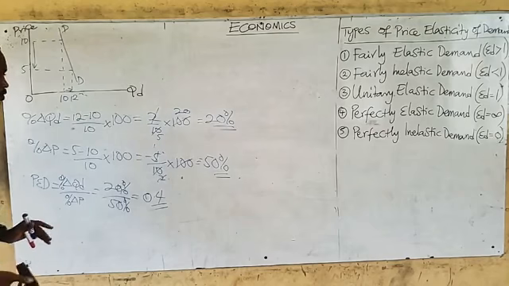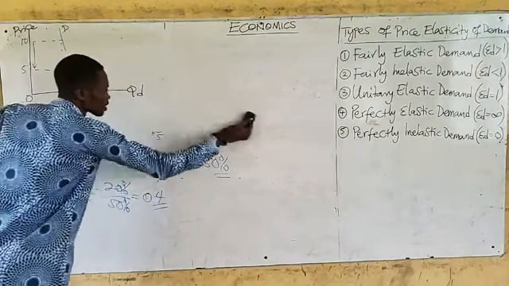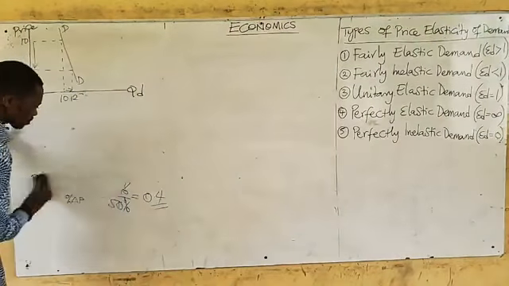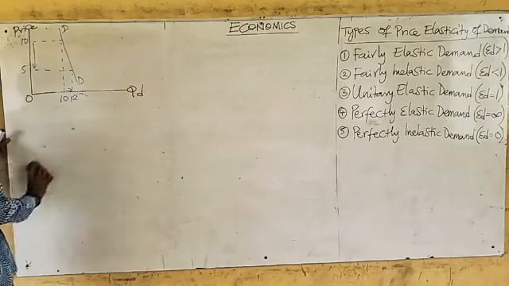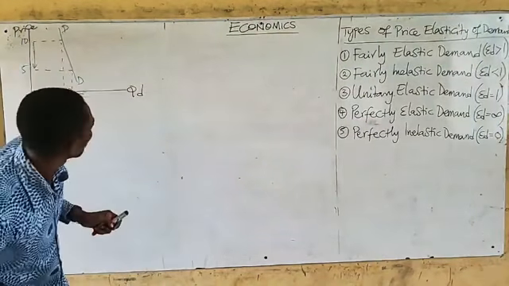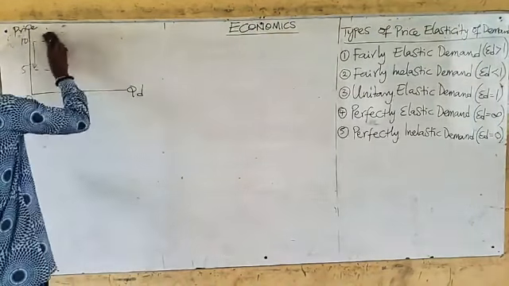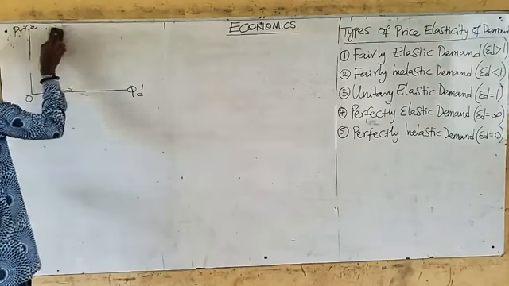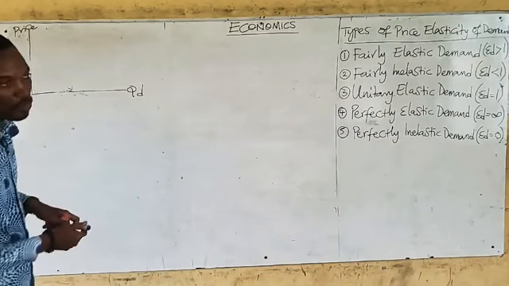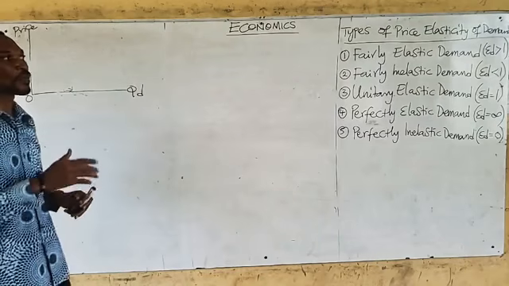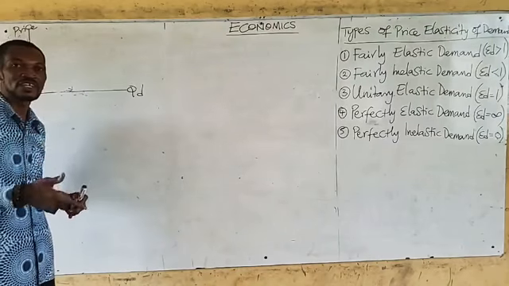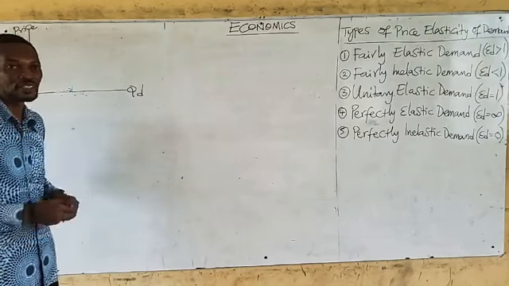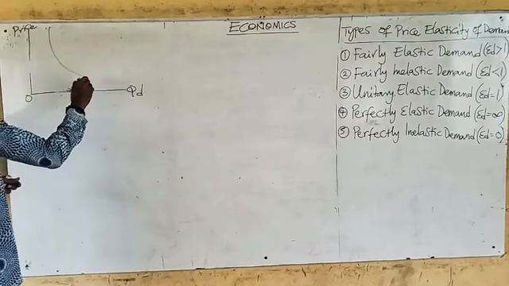So unitary elastic, we said, is when the percentage change in quantity demanded is equal to the percentage change in price. So we have this, for instance.